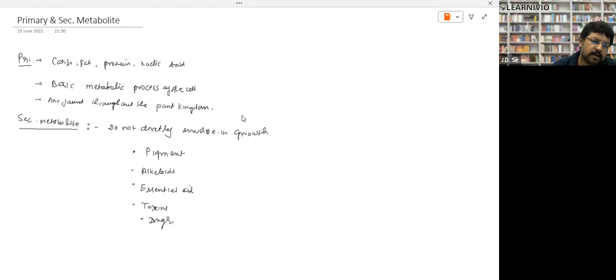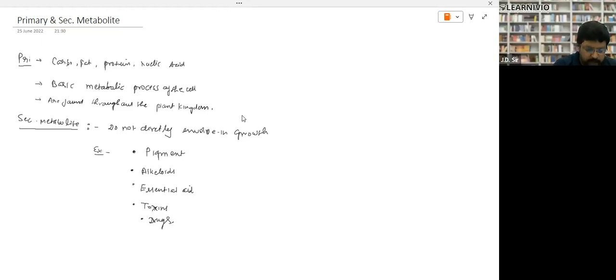Example: you will get a question, what are secondary metabolites? Give the example. Pigments, which give color and are meant for pollination. Alkaloids, which may be defensive or give a particular peculiarity to a particular plant. Essential oils, toxins, drugs.